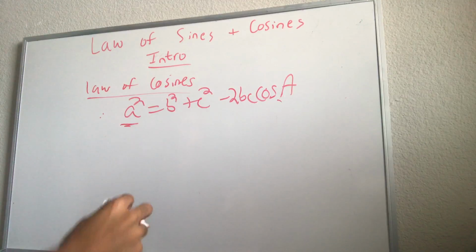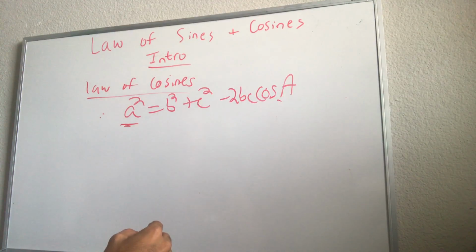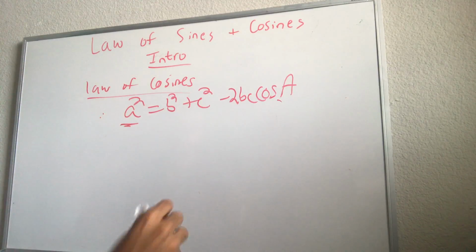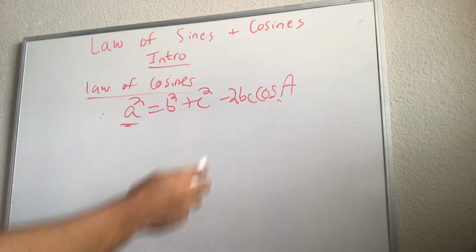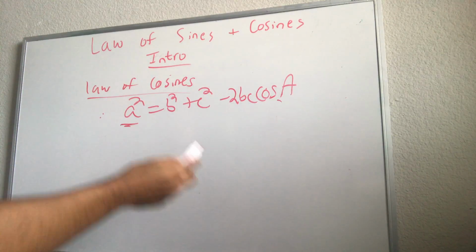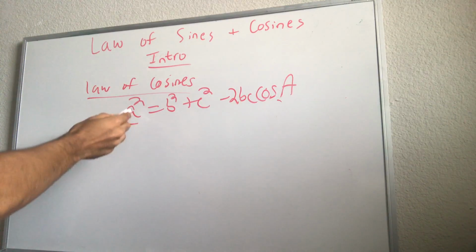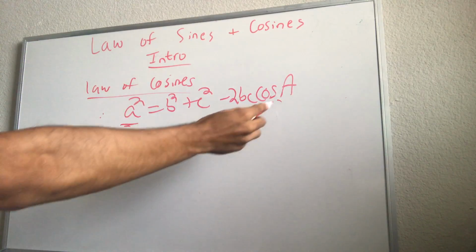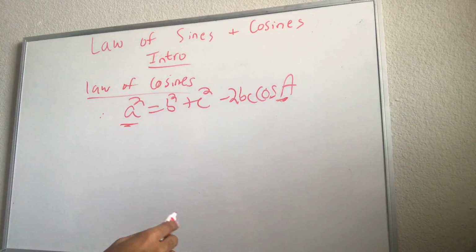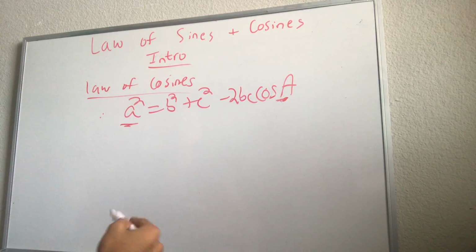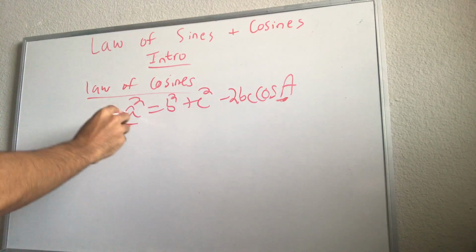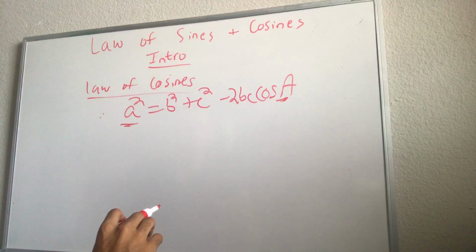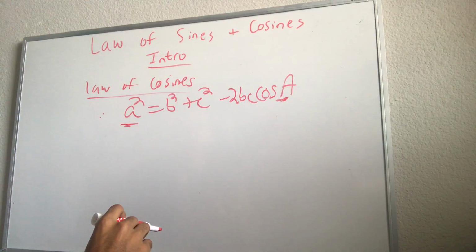So you could have b squared equal to a squared plus c squared minus 2ac cosine of angle B. It doesn't matter what you call A, as long as the angle whose cosine you take is the angle opposite that side. So angle A is the angle that's opposite side a.